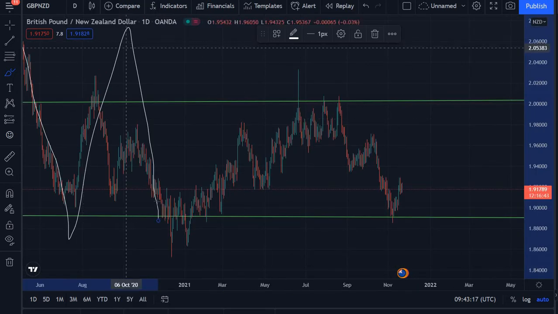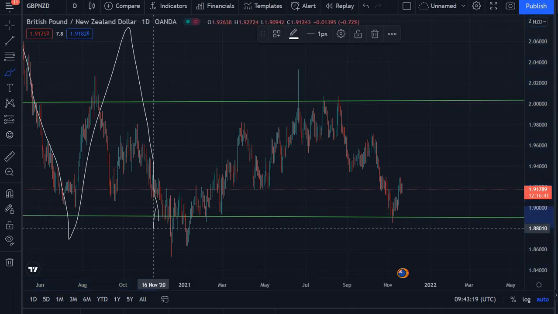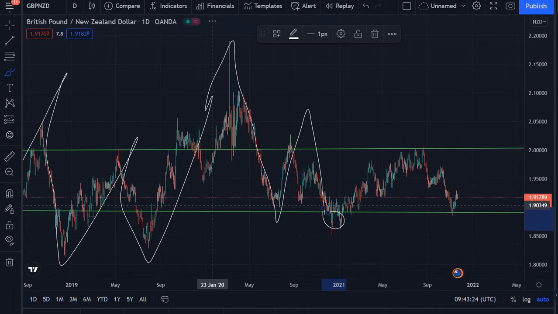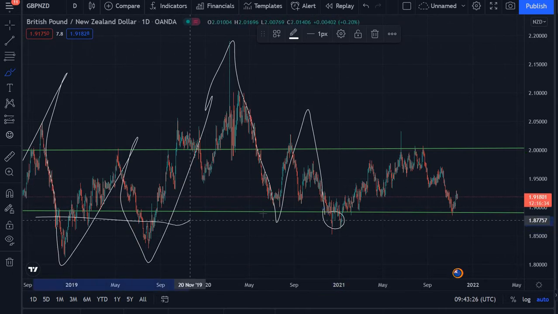Now going down to the daily, we are here at the lower part of this support zone area.